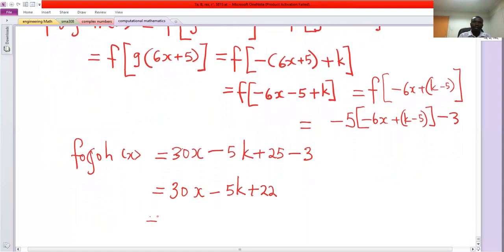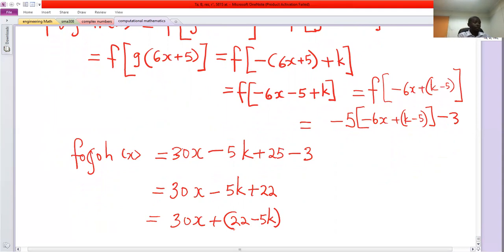We can write this as 30x plus 22 minus 5k. So this is the final answer for f composed with g composed with h.